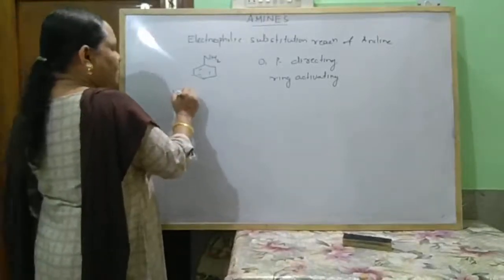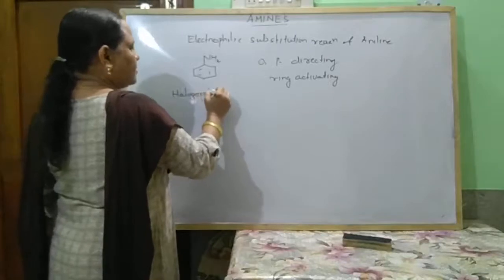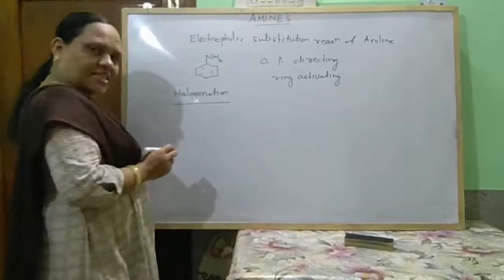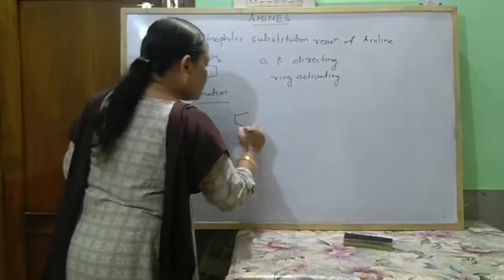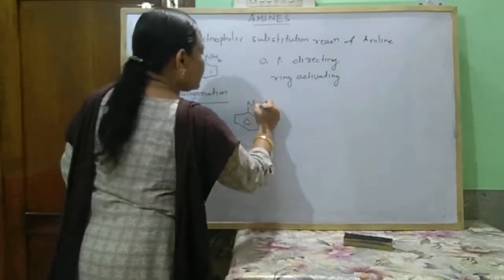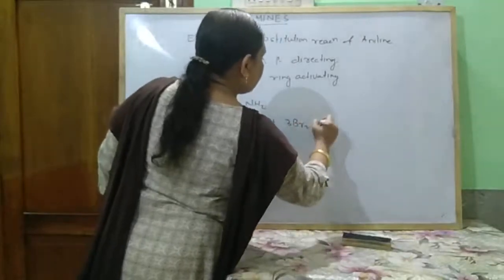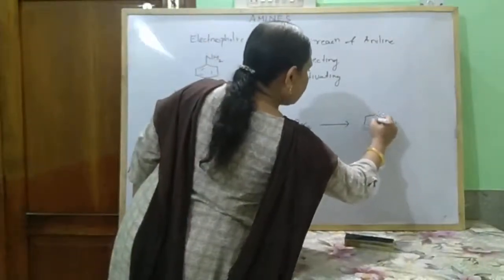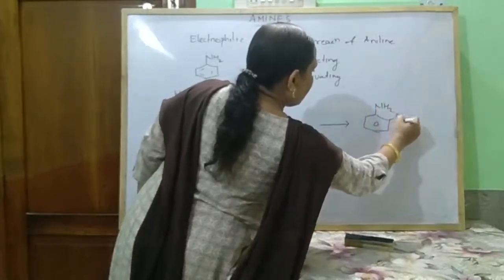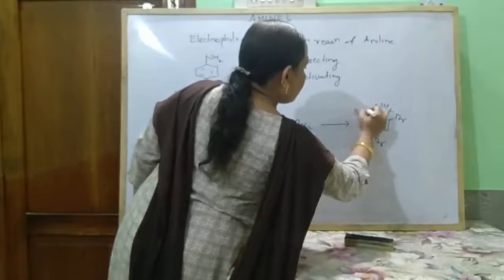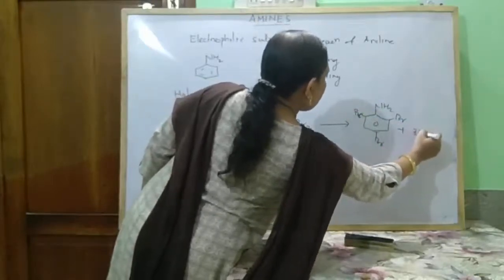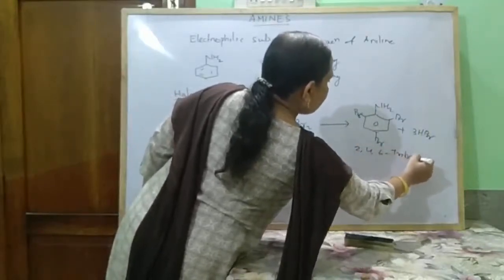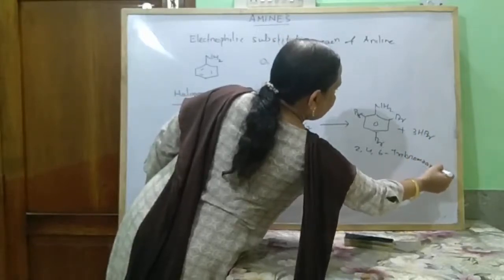For example, if we consider halogenation, when aniline is treated with bromine water, it forms 2,4,6-tribromoaniline.